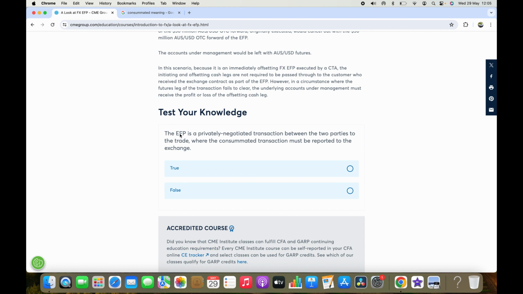Okay, so the EFP is a privately negotiated transaction between two parties to the trade, where the completed transaction must be reported to the exchange. Yes.